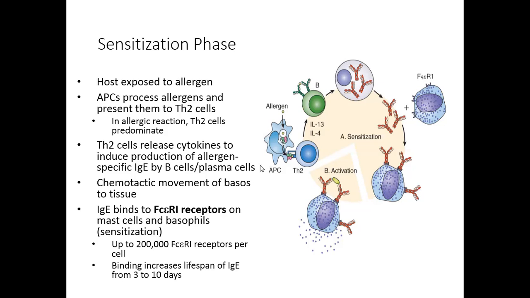The peptides bind to our friend the MHC class II complex, and it's brought to the surface of the antigen-presenting cell where it gets presented. Remember, in type 1 hypersensitivity, it gets presented not to type 1 but to type 2 T cells.